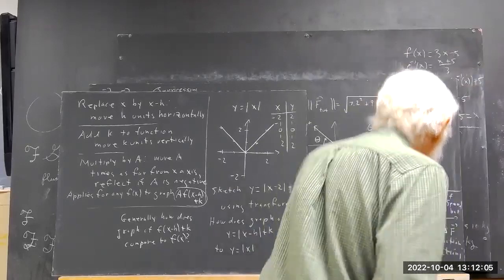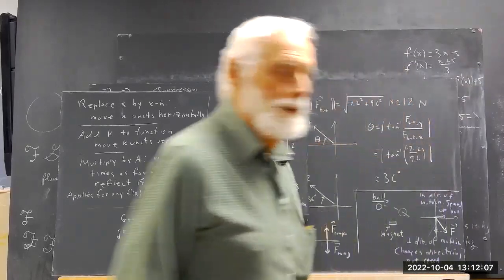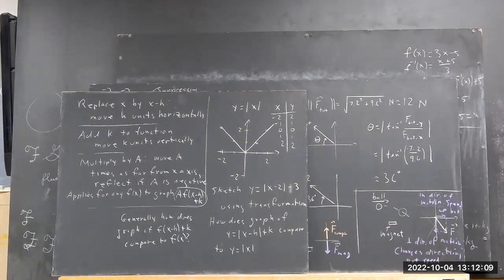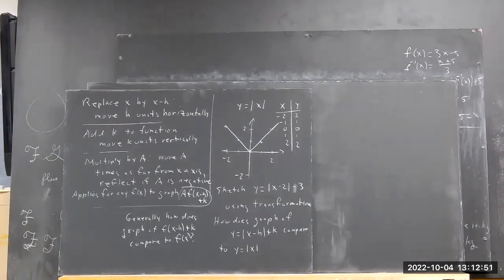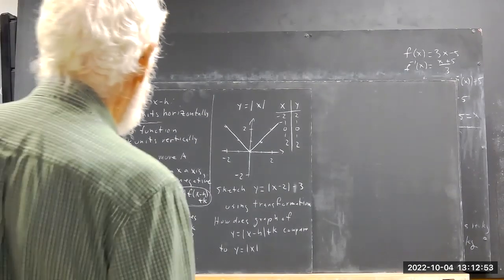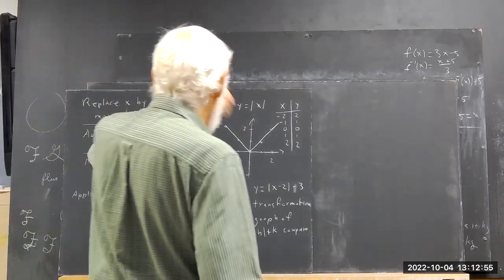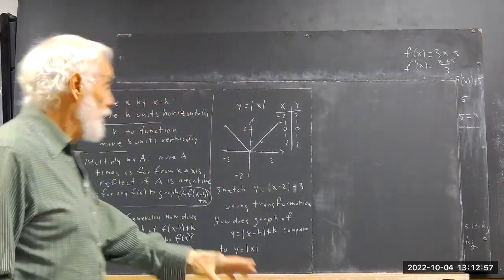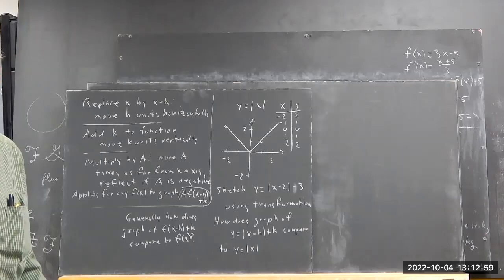Okay, that'll take me a minute. Big old clean board, but I've got to pick it up. Okay, so what are we going to do? Well, I'm going to put this into the context of these rules.